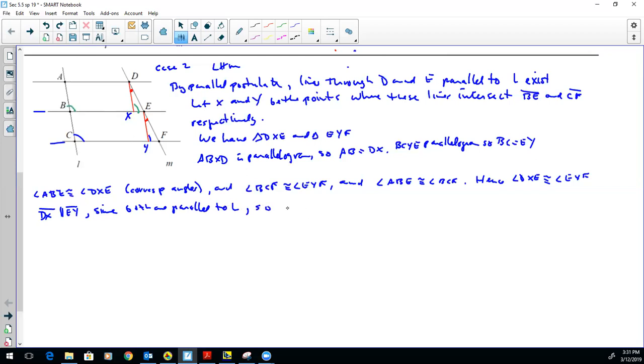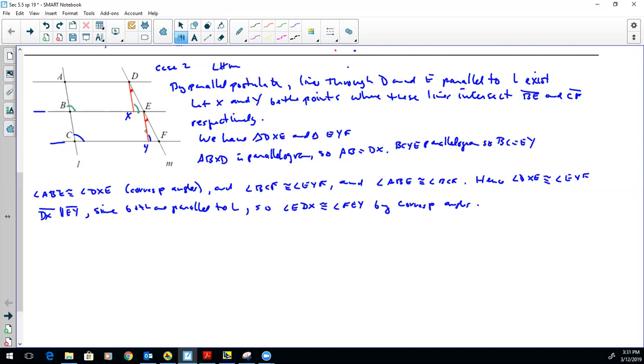So angle EDX is congruent to angle FEY because they're corresponding angles formed when two parallel lines, DX and EY, are cut by transversal M. I think we have it all here now.